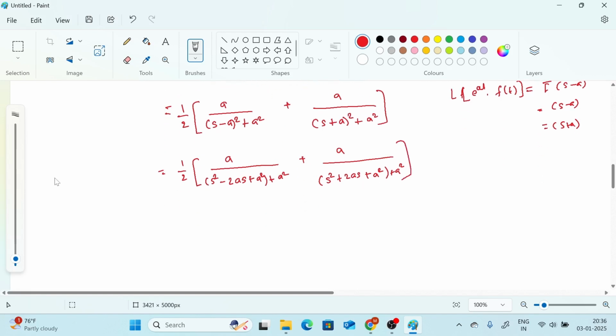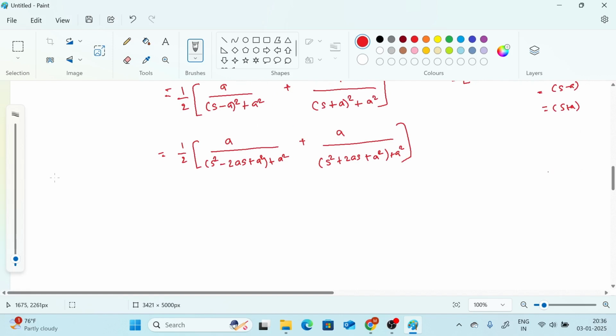So after simplifying it further, 1 by 2, a upon s square minus 2as plus 2a square, plus a upon s square plus 2as plus 2a square.